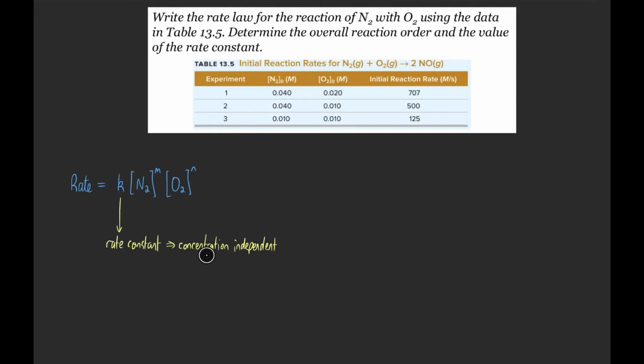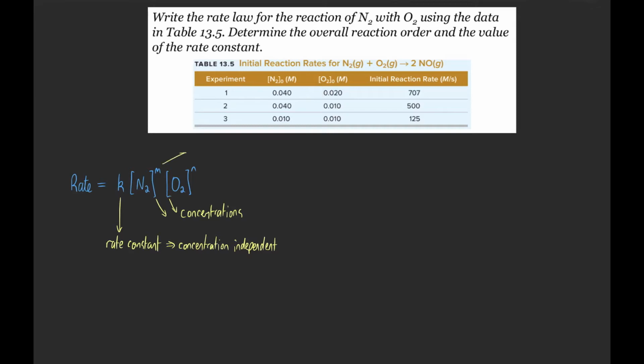We'll look at the end of this example what the units of the rate constant for this particular reaction must be. The next components of our rate law are the concentrations of the reactants. So we have the concentration of N2 and the concentration of O2. These can be reported in any of the key units of concentration. Typically they're reported in molarity, especially for things that are occurring in a solution. In this case, these are actually gas phase concentrations, but we're still told the concentrations in molarity units.